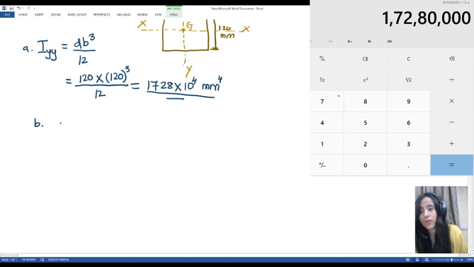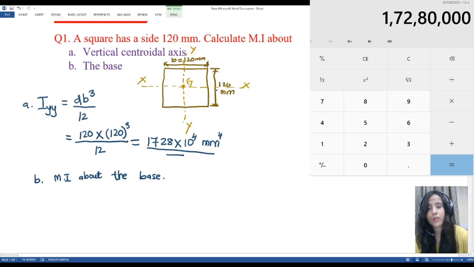In B, you are asked to find moment of inertia about the base, right? So if we name this square, let this be A, B, C and D. So from here my base will be AB.